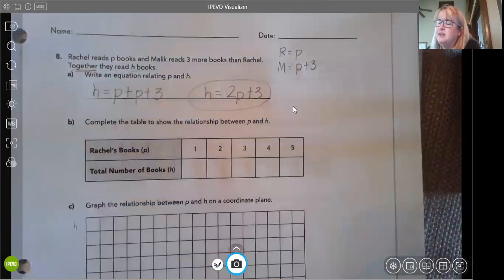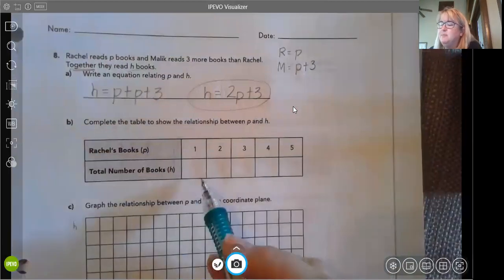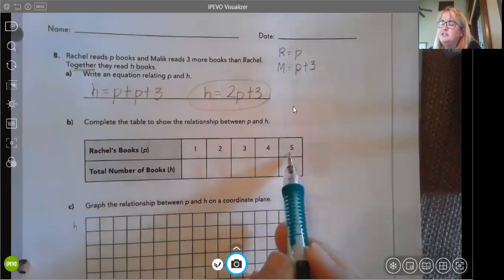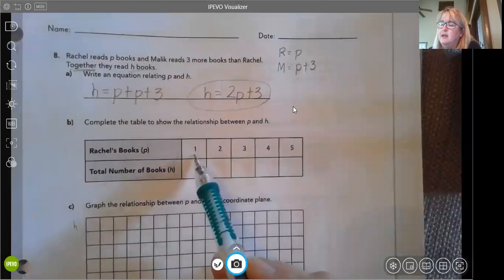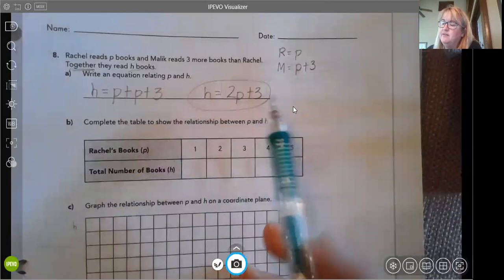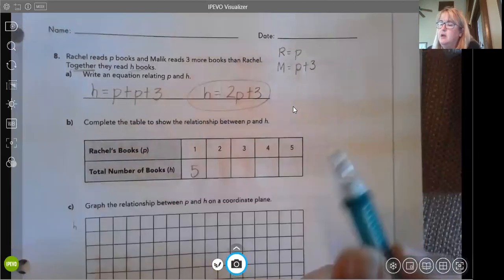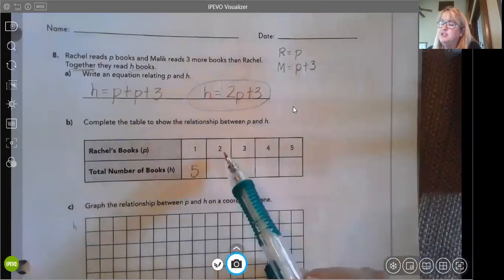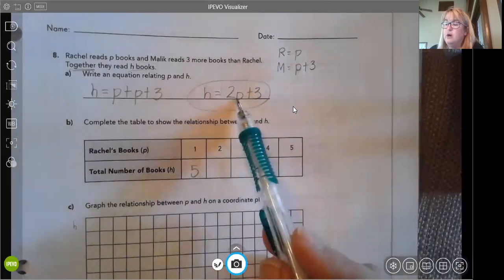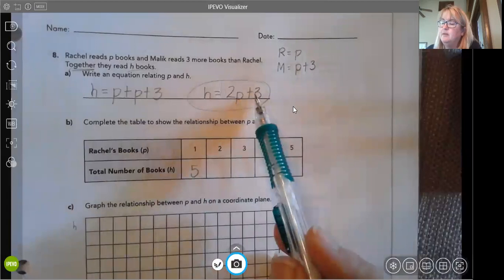B says complete the table to show the relationship between P and H. We've got 1, 2, 3, 4, 5. When Rachel reads 1, together they read 2 times 1 is 2 plus 3 is 5. When Rachel reads 2, together they read 2 times 2, which is 4, plus 3 is 7.